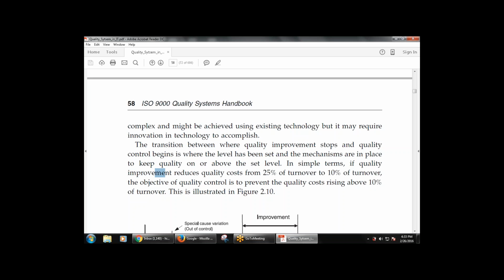That is also one of the parts used for quality improvement: where quality improvement stops and where quality control begins, that is where the level has been set up and the mechanism is in place and available to use.